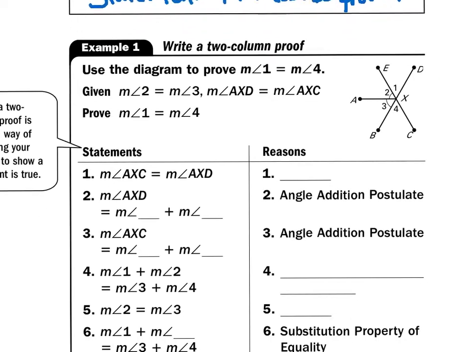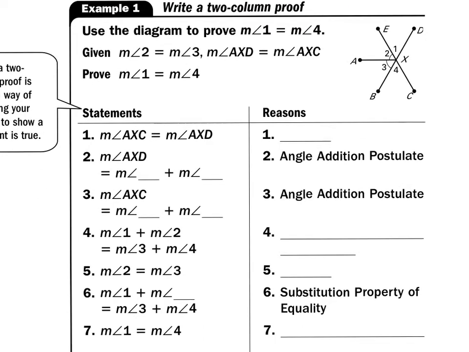Okay, we're writing a two-column proof. Use a diagram to prove measure angle 1 equals measure angle 4. So remember, we need to start with our givens. And we can say that measure angle AXC equals measure angle AXD.